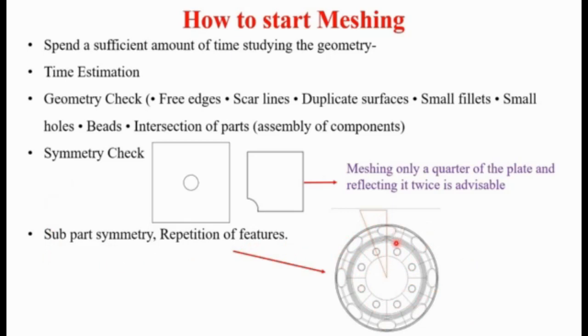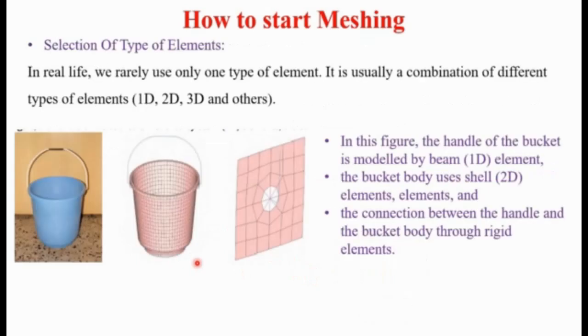So therefore we have to mesh this small piece of this object, and when we mesh this, we can copy and paste, or we can apply it to this entire surface or entire object. So we have to check this repetition of the features and subpart symmetry in the problem as well. Before starting this meshing, we have to check all these points.